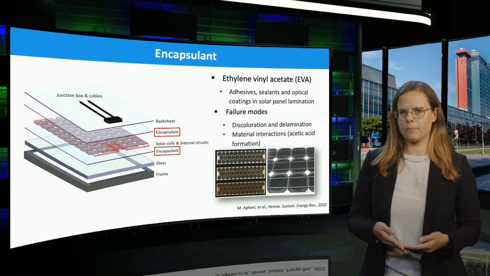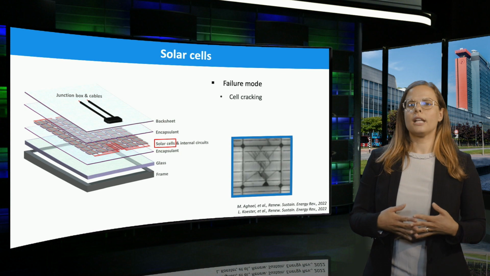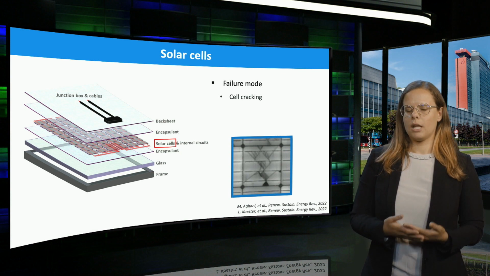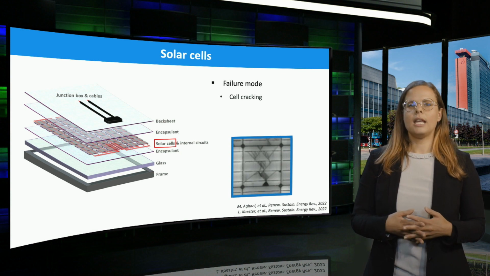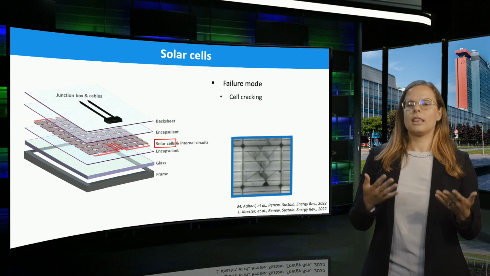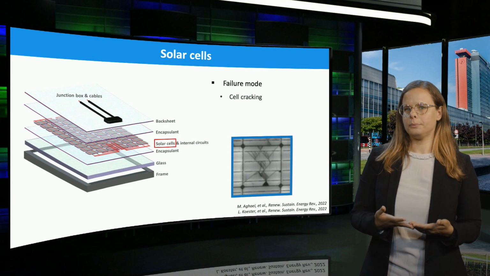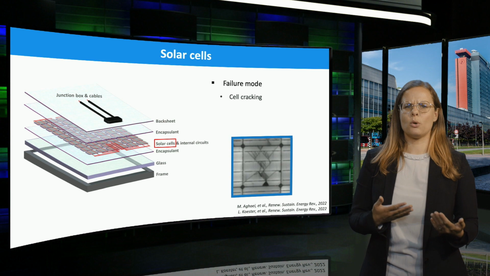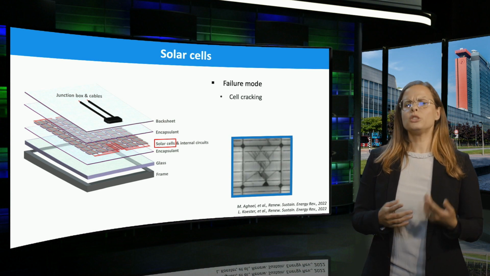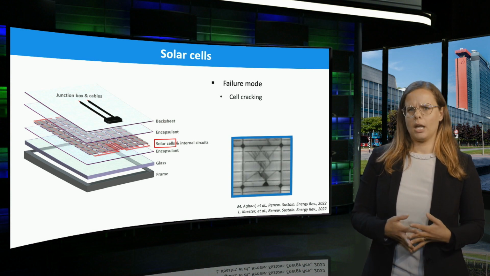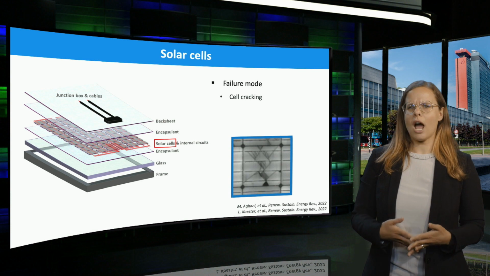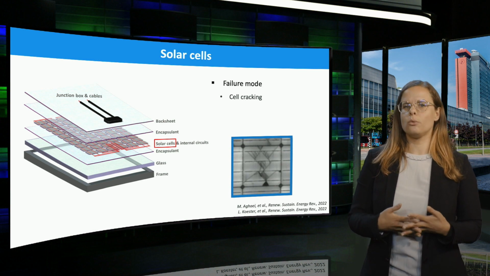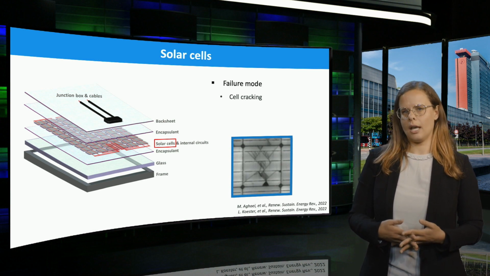Apart from that, the interaction of EVA with water can lead to acetic acid formation, which can further degrade the module performance. We now look at the core of the PV module, the solar cells. They are the active components that generate output power. Various failure modes exist. The first one is cell cracking. The appearance of cell cracks can be detected by electroluminescence measurements, or EL.